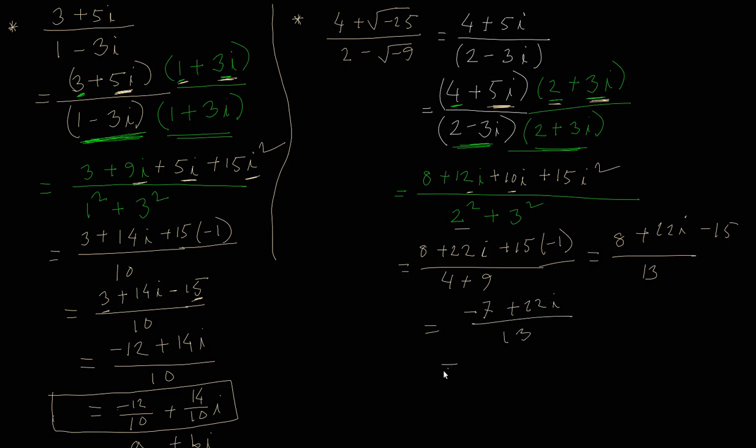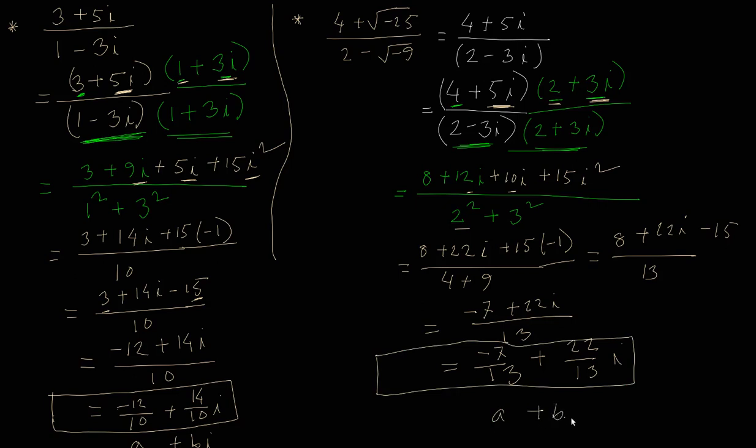So negative 7 over 13 plus 22 over 13i. This is in a plus bi form.